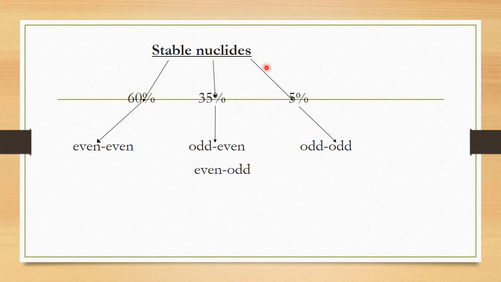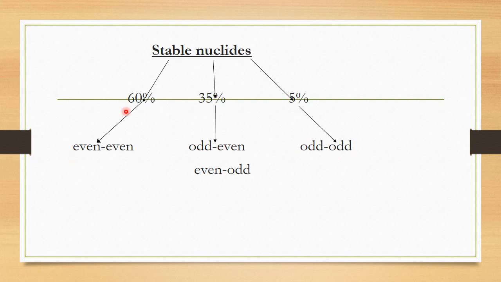Now, in nature, 60% of the stable nucleides have even-even nuclei. That means an even number of protons and an even number of neutrons. 35% of them have even-odd or odd-even combinations. That means if the neutron number is odd, the proton number is even, and vice versa. And only 5% of the nucleides have an odd number of protons and an odd number of neutrons.